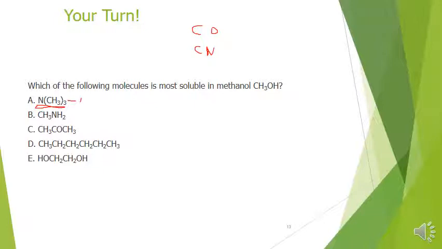So this is mostly nonpolar. Let's go back to this. This is polar, because the ratio is less than 3 to 1. So this might be slightly polar. Okay, so this might be slightly soluble. Okay, this one is probably more polar.